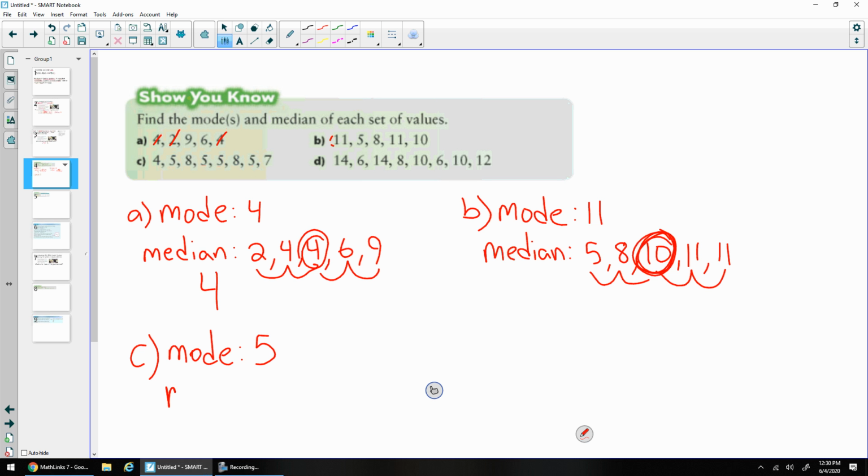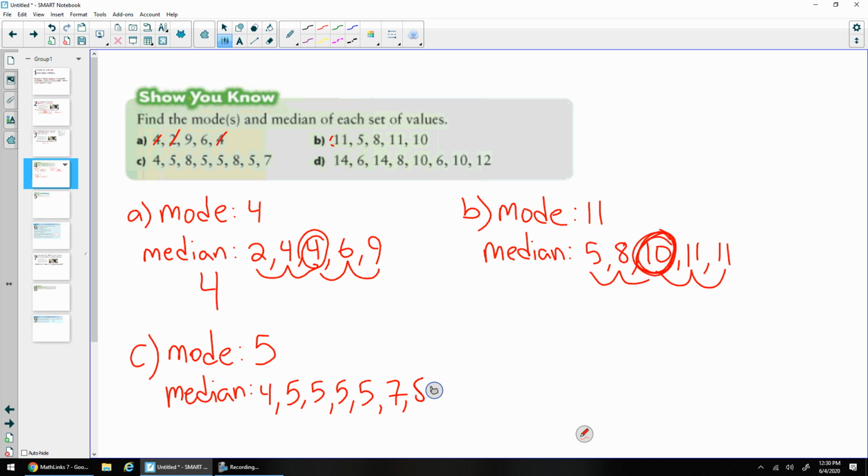My median is, well, let's rearrange these from least to greatest. So 4 is the lowest number in that set. And then I see that I already have 4 5s, so I'm going to write those 5, 5, 5, 5. And then after that, do I have a 6? No, I do have a 7.